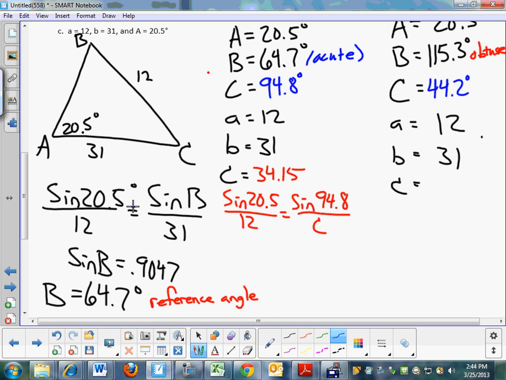And then the next one you set up the same way. Sine of 20.5 divided by 12 equals the sine of 44.2 divided by C. Somebody tell me what you got.